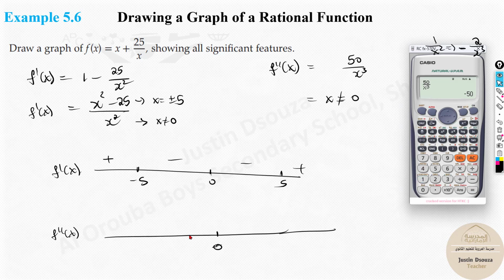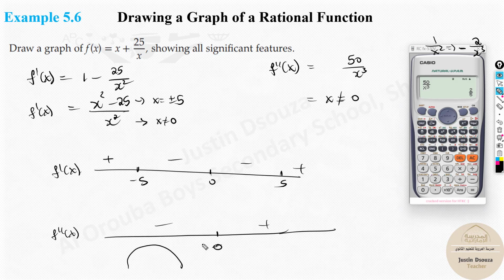You can choose any other negative number. It's negative over here, and after 0 it'll be positive over here. So minus, plus. It's so simple over here. Odd power, the sign sustains. You could have directly taken it as well.